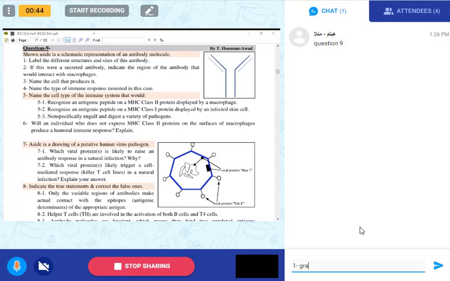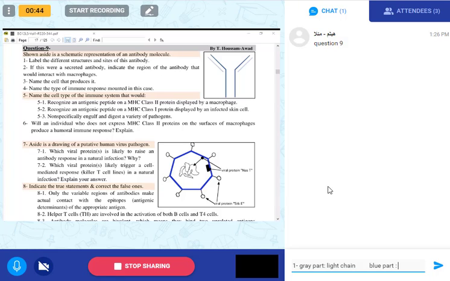The gray part is called what? Do you see it gray in your figure? We have maybe gray and the blue.